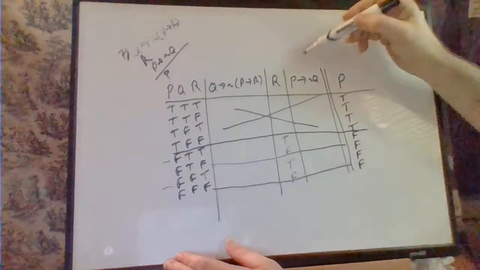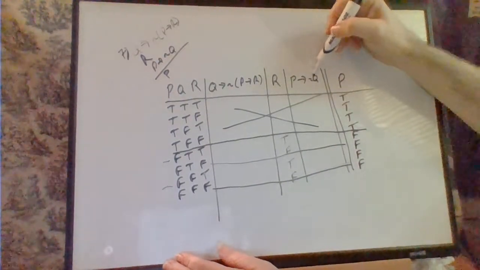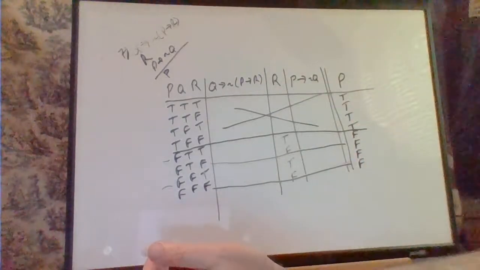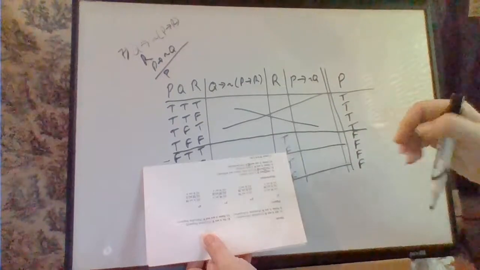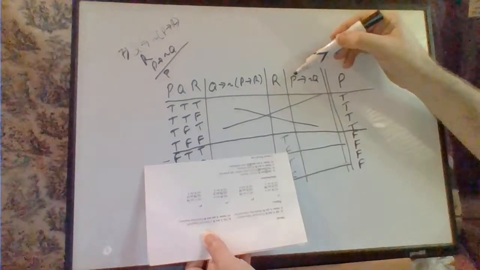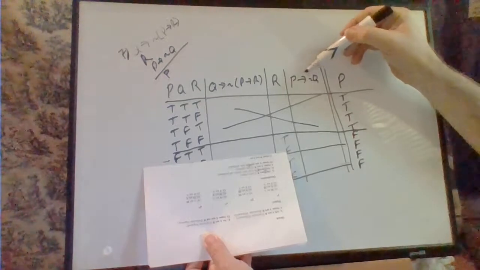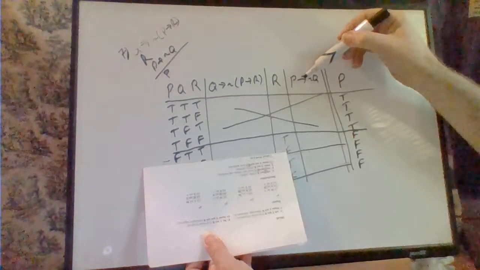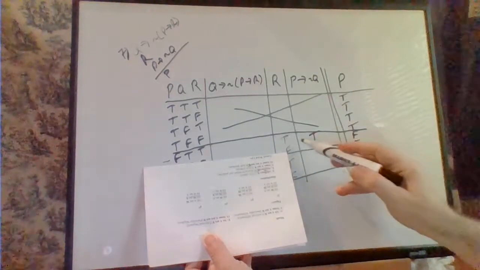So this looks like a slightly easier premise. So let's look at that one next. P then not Q. So on line 5, P is false, Q is true. Negate true, it becomes false. False, false with the arrow is going to be true. So we've got two true premises.